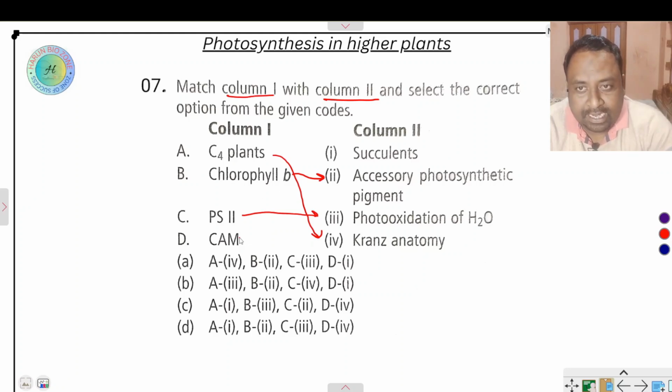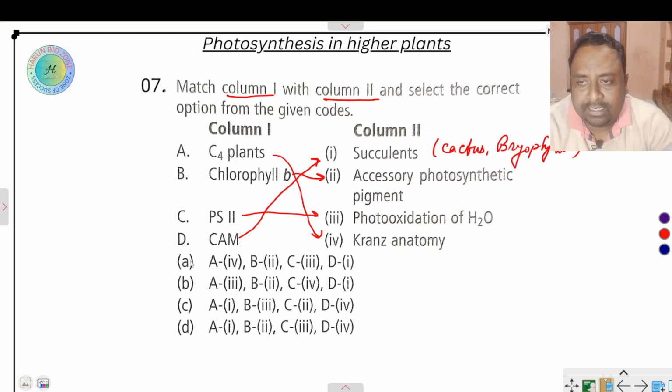And crassulacean acid metabolism is in succulent plants, like cactus, Bryophyllum. So here the correct option is A.